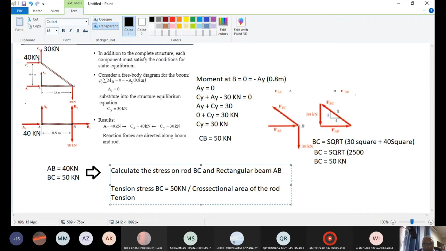Tension stress AB equal 40 divided by sectional area of the rectangular beam.